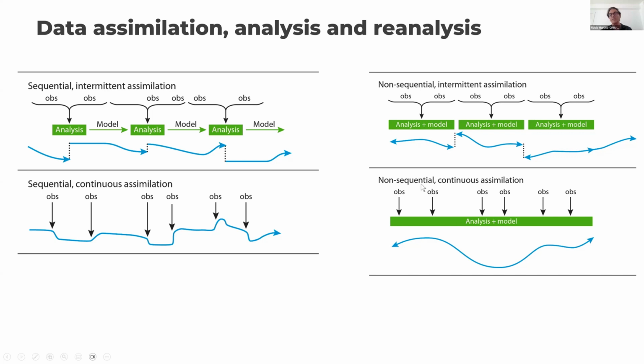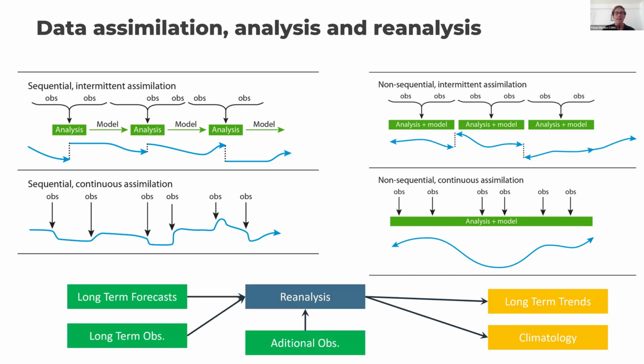And there is also the non-sequential continuous assimilation, in which the model is just running one continuous time and the observations are being included, okay? So there are many types of assimilation.